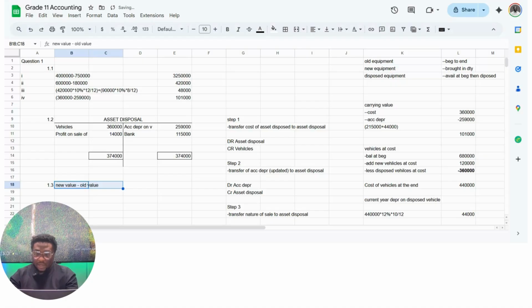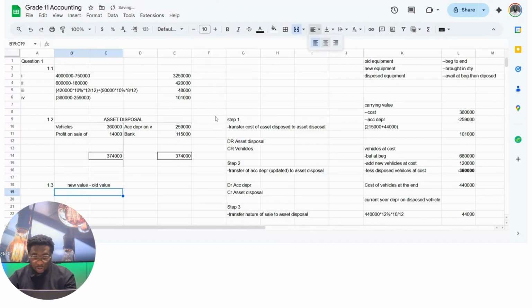So we have the new value minus the old value, and then we divide by the old value, and then we multiply by 100.